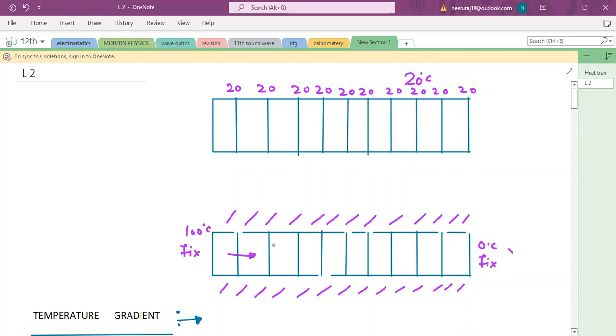But if you see, gradually the temperature of these layers will change, right? And this temperature will change from 0 degrees to 100.